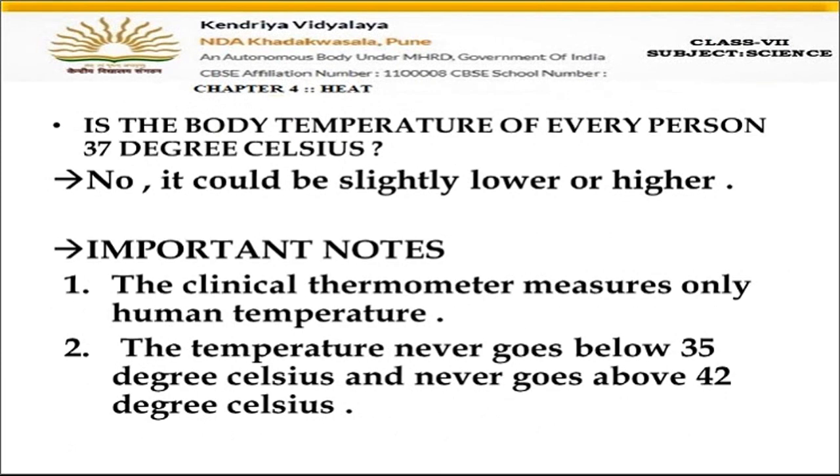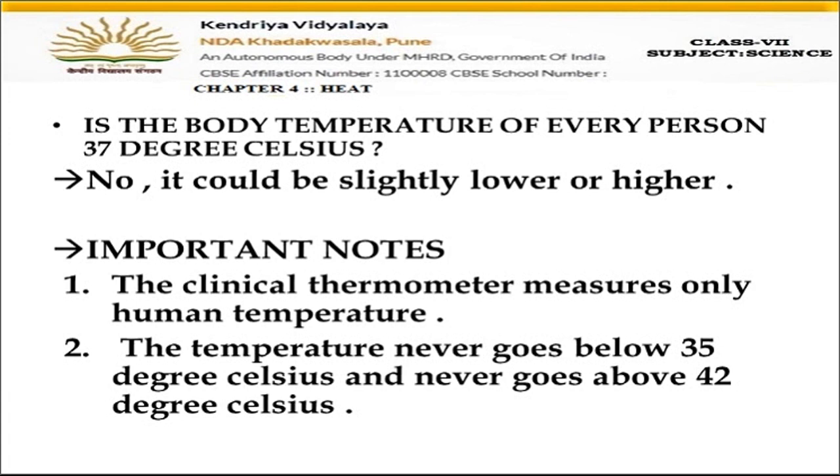There is one question. Is the body temperature of every person 37 degrees Celsius? If we take the temperature of a normal person, will it be 37 every time? 37 degrees Celsius is the normal human body temperature, but will every person's be 37? The answer is no. It could be slightly lower or slightly higher.